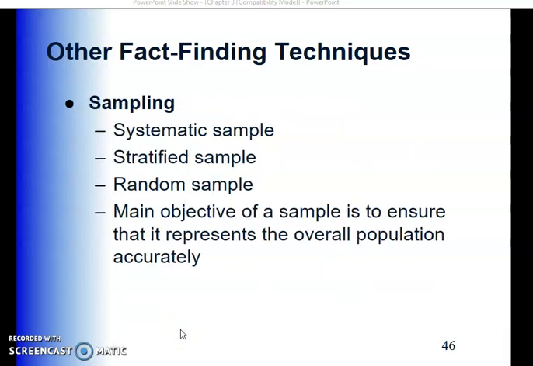Another type of fact-finding technique that can be used during the analysis phase is sampling. There are 3 types of sampling technique, which are systematic sample, stratified sample, and random sample. The main objective of a sample is to ensure that it represents the overall population.